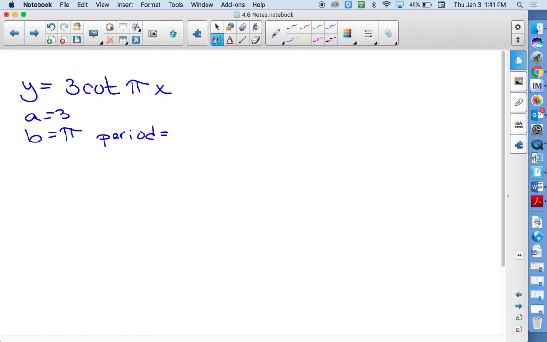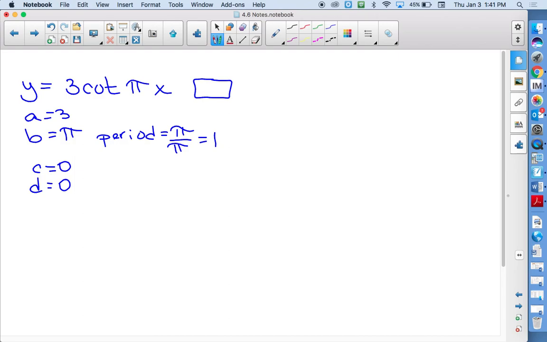If we find the period by taking pi divided by b, the period is now 1. And is there a c or d value? No, no parentheses, so there can't be a c. D would be that number being added or subtracted at the very end, and there's not that number either. So the period is 1.